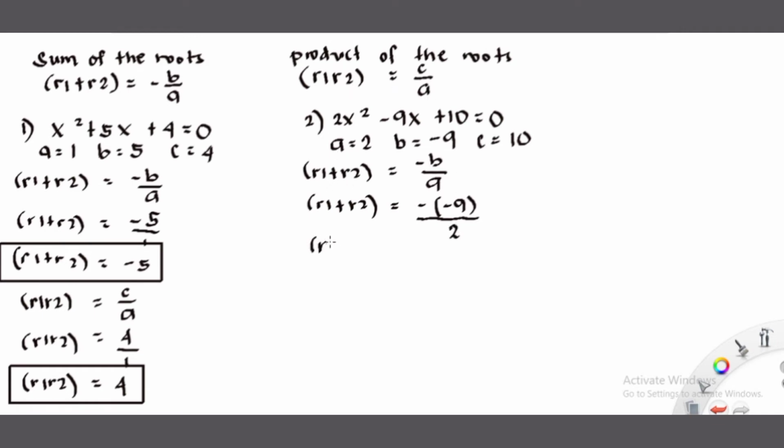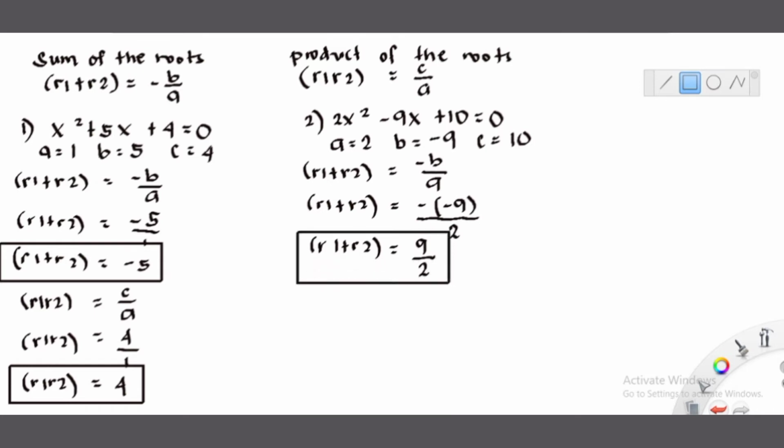So therefore, the sum of the roots of our given quadratic equation is negative times negative 9. That will become positive 9 over 2. Since pag atin pa tong simplify, the answer is a mixed fraction. Okay na po ito. So the sum of the roots of our given quadratic equation is 9/2.